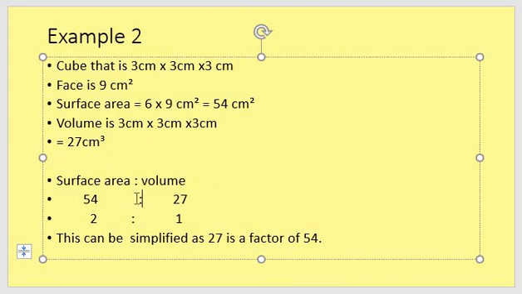But if you're good at spotting these things, you'll realise that 27 is half of 54. So you can divide them both by 27, you'll get a volume of 1 and a surface area of 2. When you get it to simpler numbers like this, that makes it much easier to actually compare the surface area to volume ratios for different shapes.